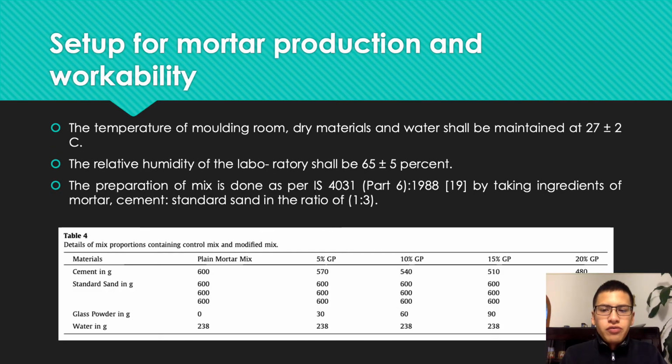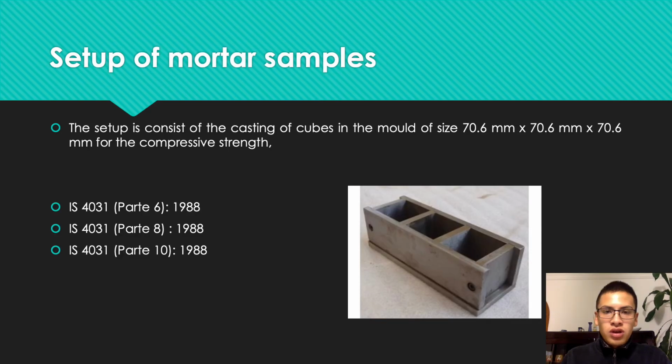Here we have the configuration for the production and workability of the mortar, where the temperature of the molding room, the dry materials, and the water will be kept between 25 and 27 degrees Celsius. Here we have the assembly of the mortar samples, where cubes are intended to measure the compressive strength.